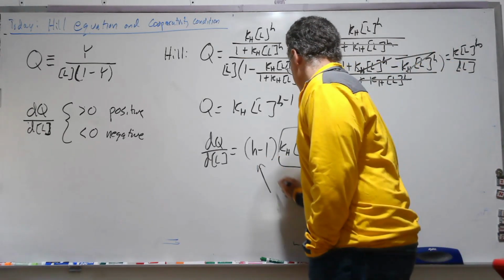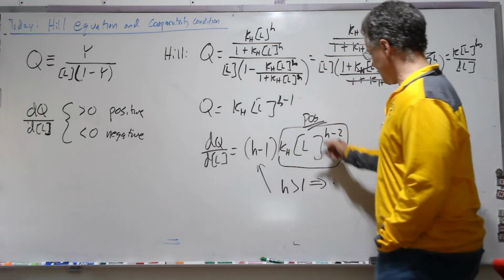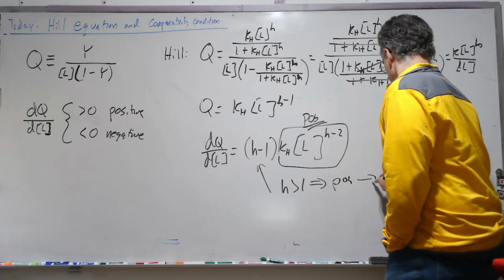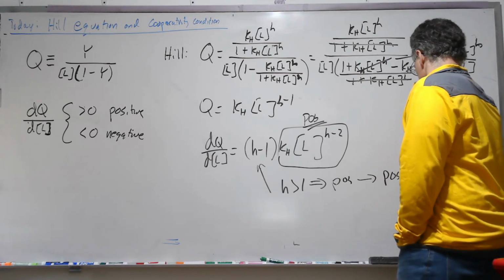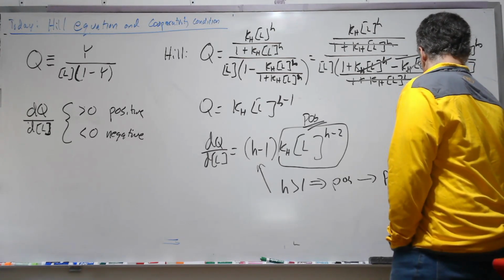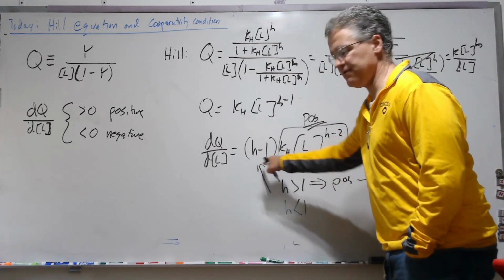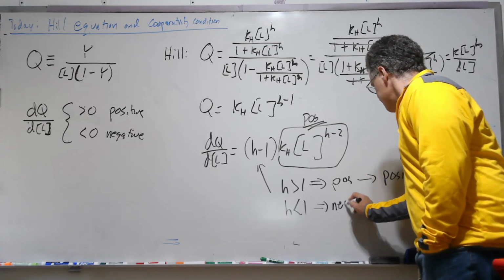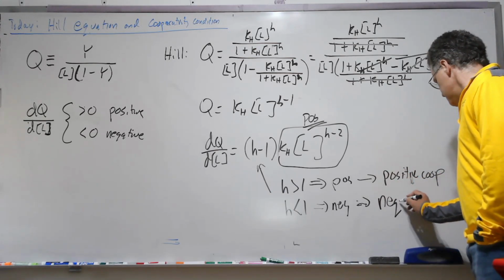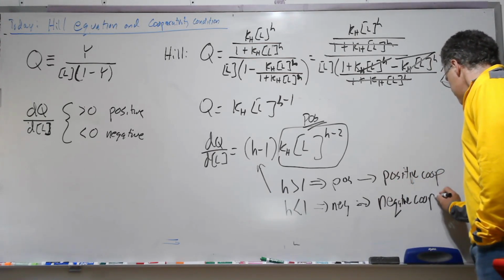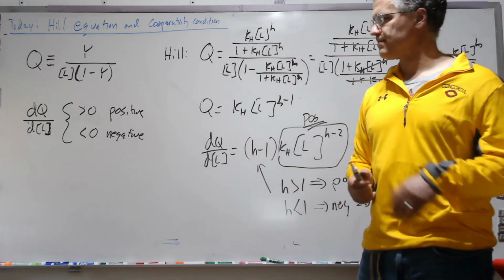And so here, if H is greater than 1, then this whole thing is positive, and we get a positive cooperativity. And if H is less than 1, then this is going to be negative. So we get a negative, which is a negative cooperativity. Just like we said for the Hill model.